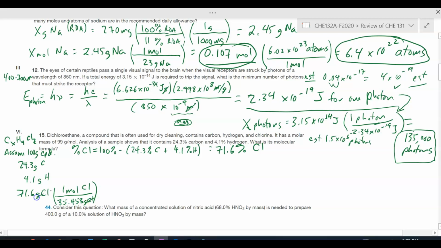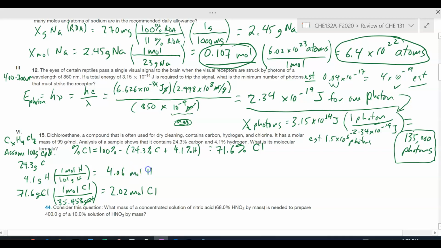Grams of chlorine cancel out, and that comes out to 2.02 moles of chlorine. For 4.1 grams of hydrogen, 1 mole of hydrogen is basically 1.01 grams, and again, 1 is usually good enough for that. That comes out to 4.06 moles of hydrogen.